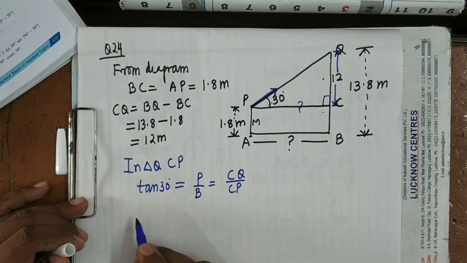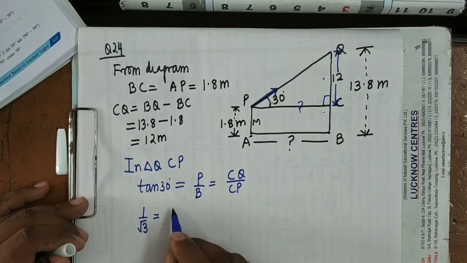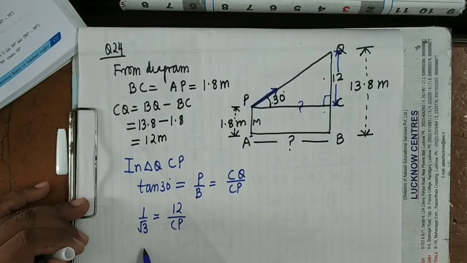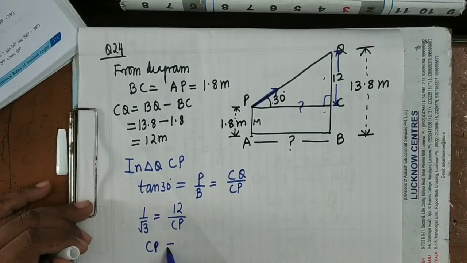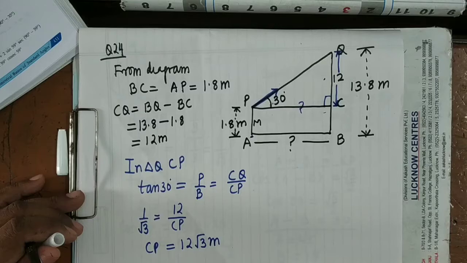It's clear. So tan 30 degrees is 1 upon root 3. CQ is 12. CP you have to find. So what will be CP? CP equals 12 root 3 meter.